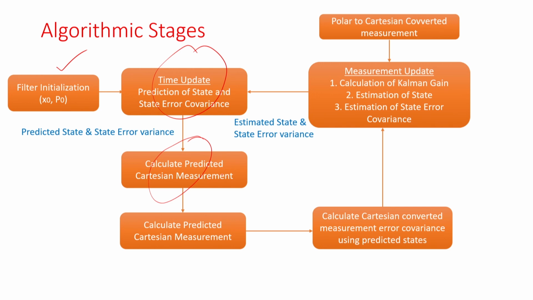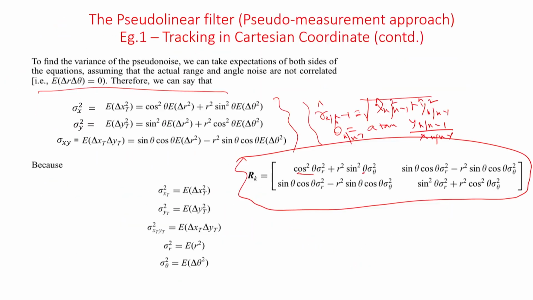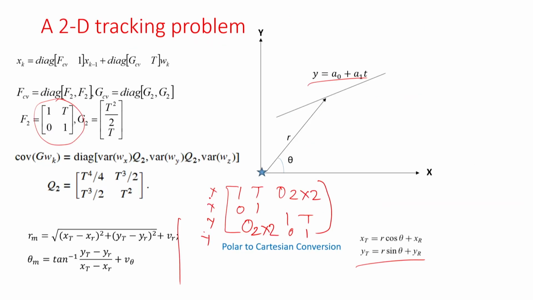Next is to calculate the Cartesian converted measurement error variance using the predicted state. So from here directly you can calculate your R matrix, and all these equations are already given. Once you have r hat and theta hat predicted, you can calculate your R, with sigma theta, using this expression.